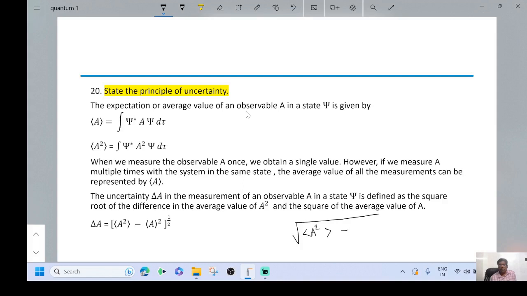That is, the average value of A square minus the square of the average value of A. This is our delta A, error in A.